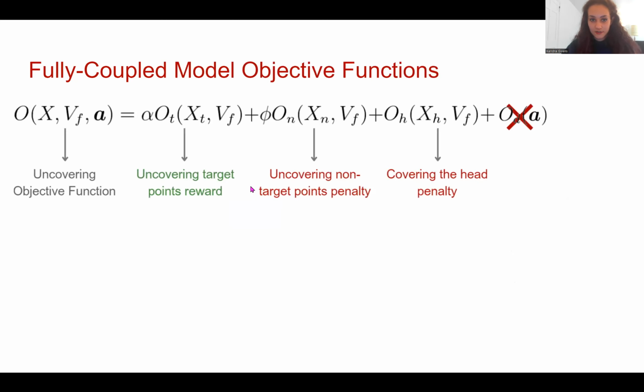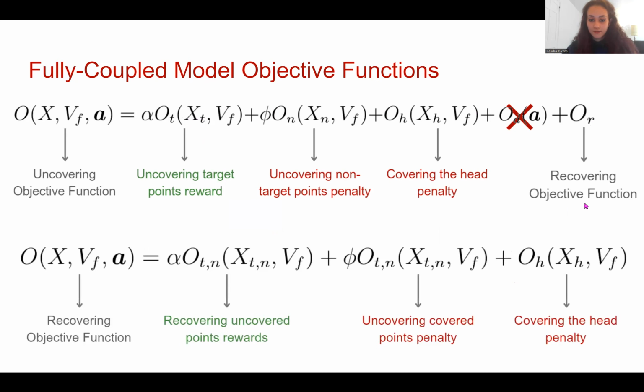So for the fully coupled model, the objective function uses the same 4 terms from the semi-coupled approach. We get rid of the excessively long actions penalty, and then we just add on our recovering objective function to this. And we use the same 3 terms as the decoupled approach.